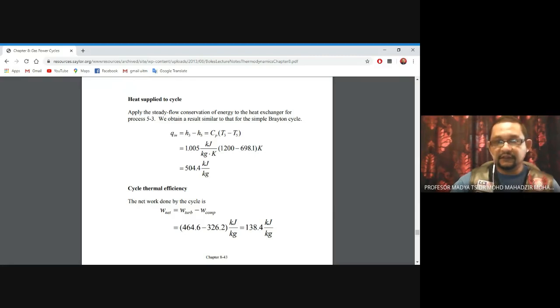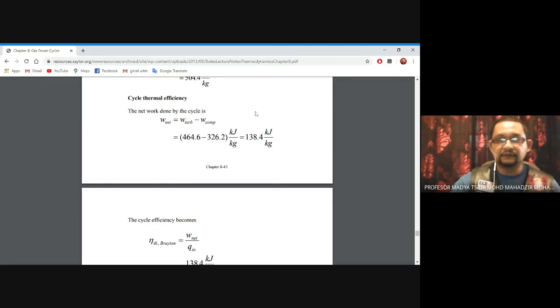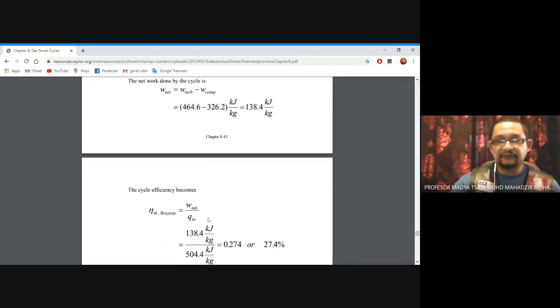So put all the values, and then you will get Q in, in the unit kilojoule per kg.